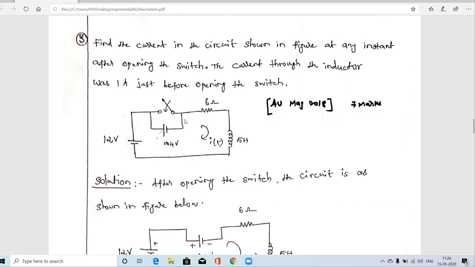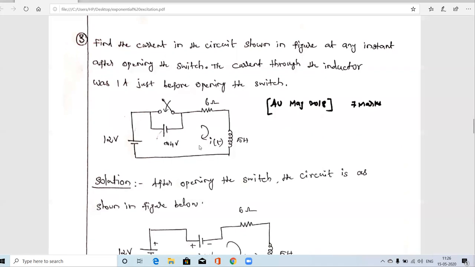So we will see the circuit and discuss. What is the given question? Find the current in the circuit at any instant after opening the switch. Until now, when the switch is closed, we get a closed path and we get the current. But here, whenever the switch is open, find the value of current.